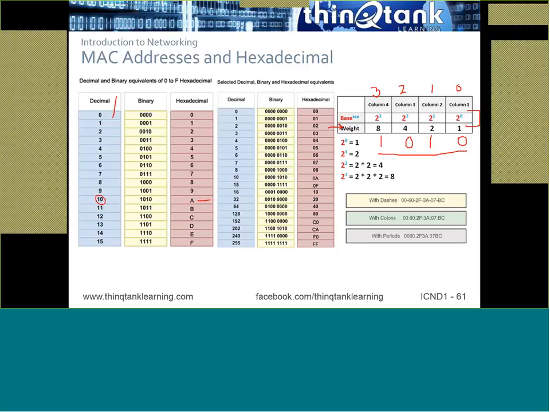What if I wanted to represent 15 in decimal? What would the binary equivalent of 15 be? Well, it would be 8, so the 2 to the power of 3 bit would be turned on. Then 4, that's 12, plus 2 is what? 8 plus 4 plus 2 is 14, plus 1 is 15.